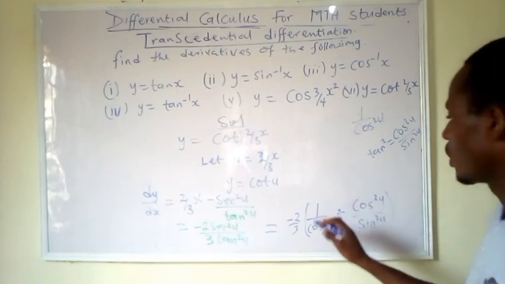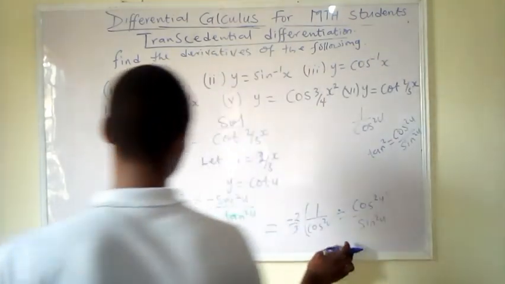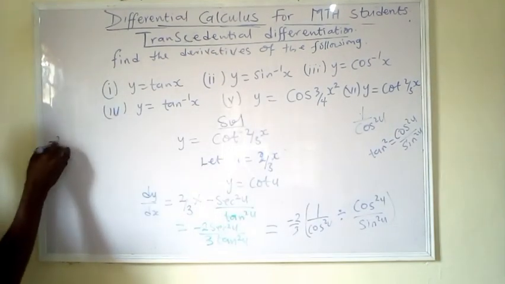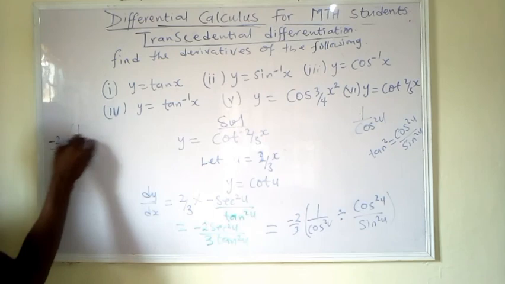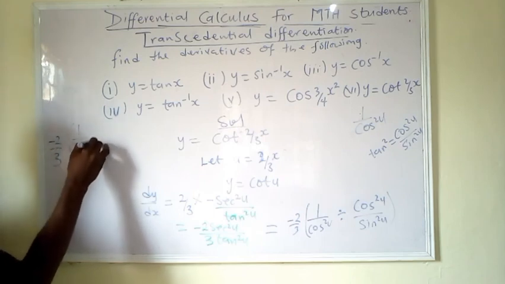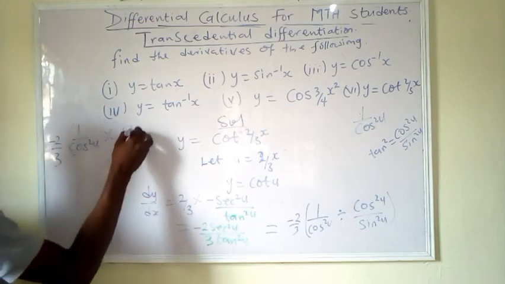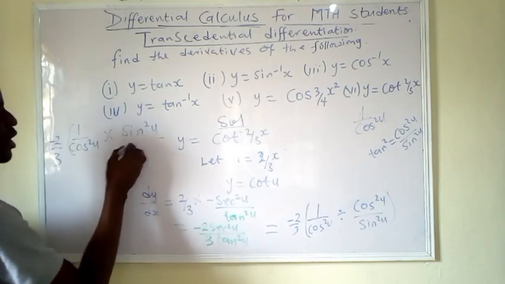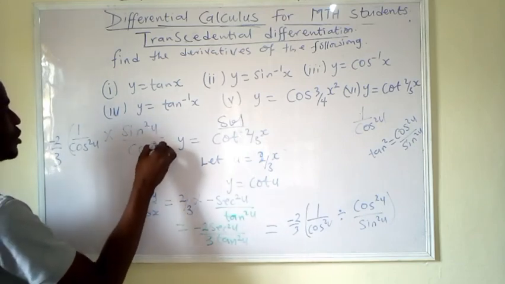Which is automatically giving me minus 2 all over 3 into 1 over cos squared u times sine squared u over cos squared u.